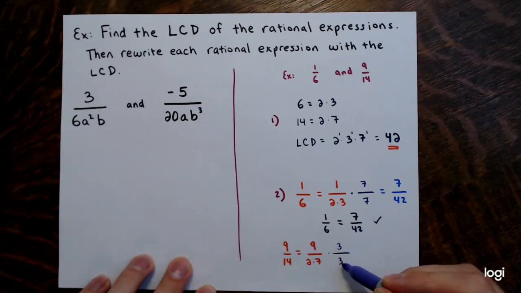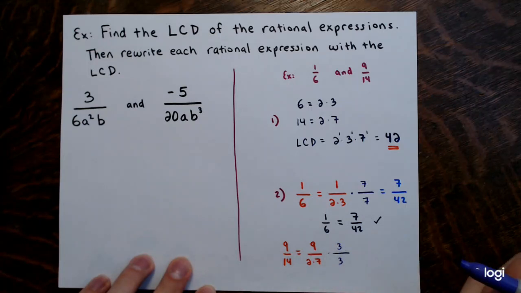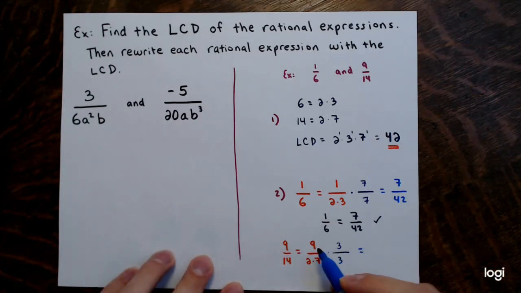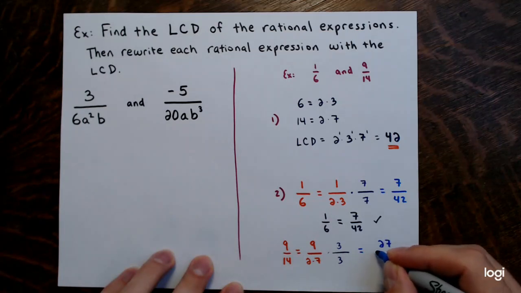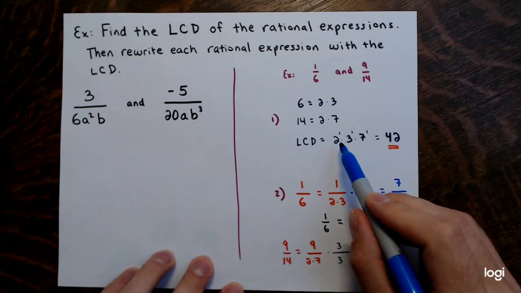And again, it's both the numerator and denominator, so I'm multiplying by the number 1 technically, right? 3 divided by 3. And in doing so, 9 times 3, numerator, is 27. And then we have 2 times 7 times 3, which is the same as 2 times 3 times 7.